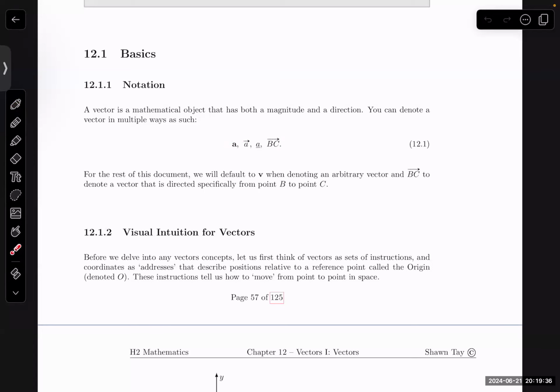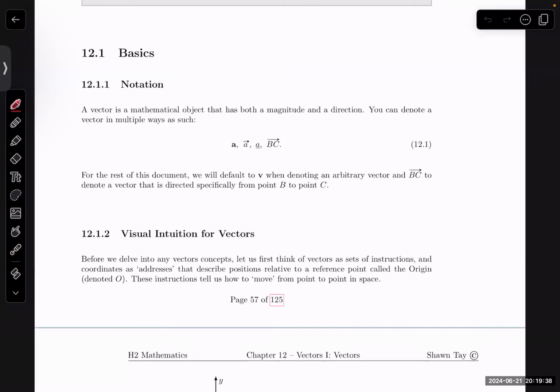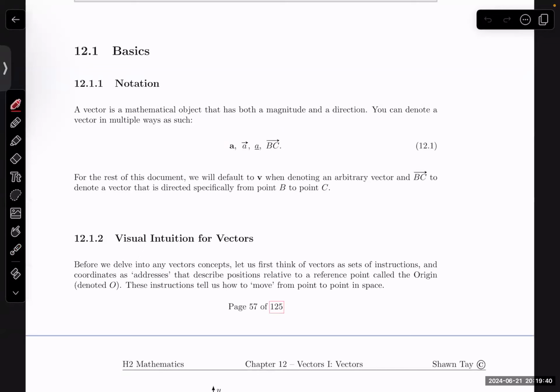Okay, the last one is going to be the simplest. Let's think of it as vector BC. We read it as vector BC, but I want you to think of it really as a vector going from B to C. That's exactly how we write it, right?